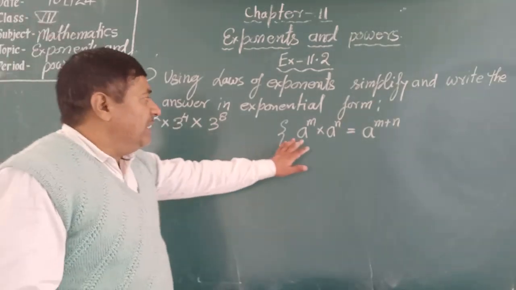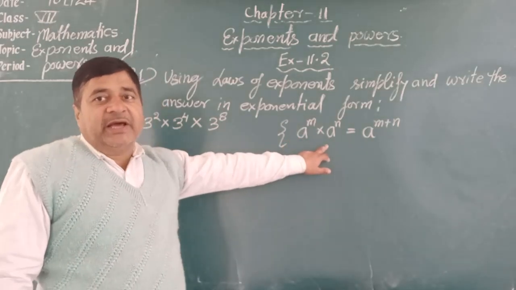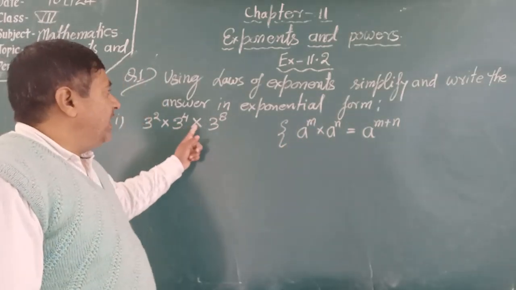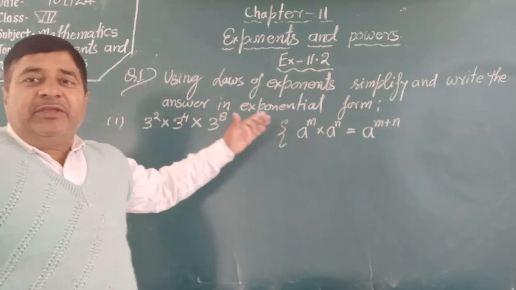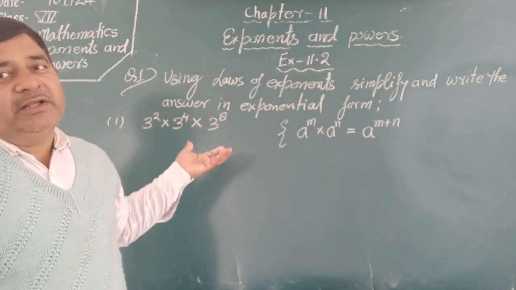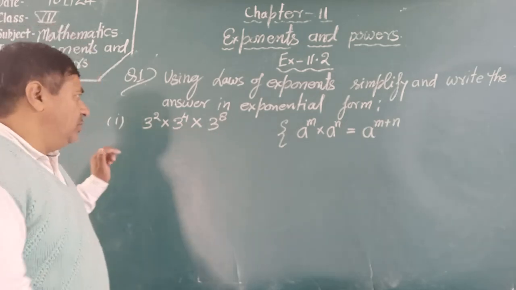Here only two values are given, and here three values are given, but similarly you follow it for three numbers also.